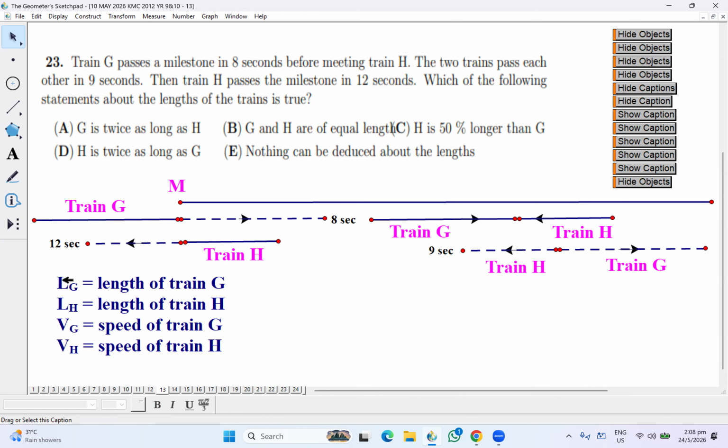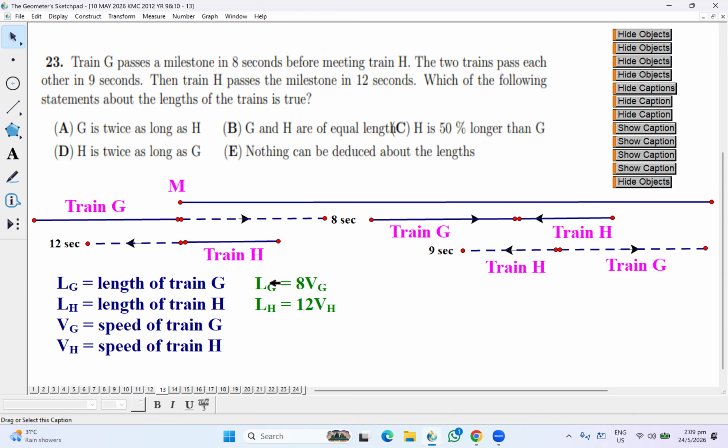So LG, length of train G, LH, length of train H, VG, speed of train G, and VH, speed of train H. Now, the first part, the length is LG, 8 seconds, speed times time, 8 times VG.